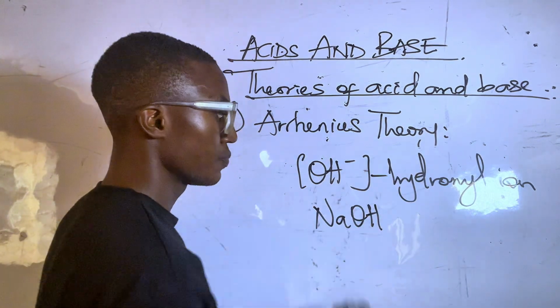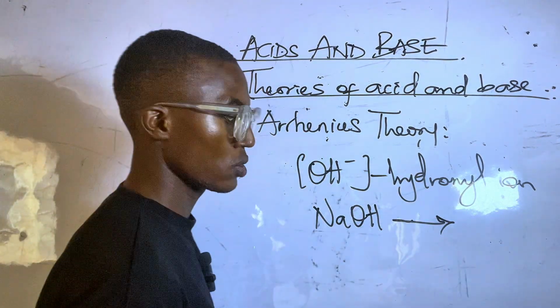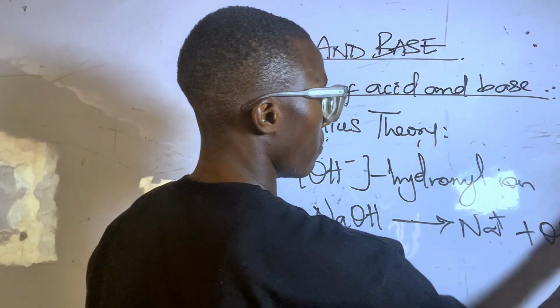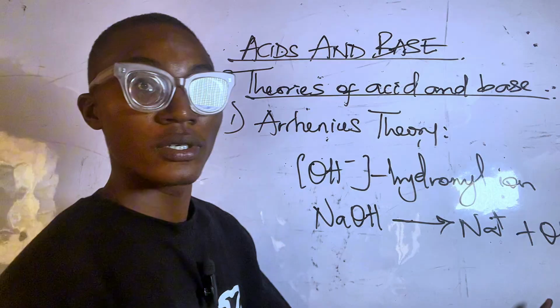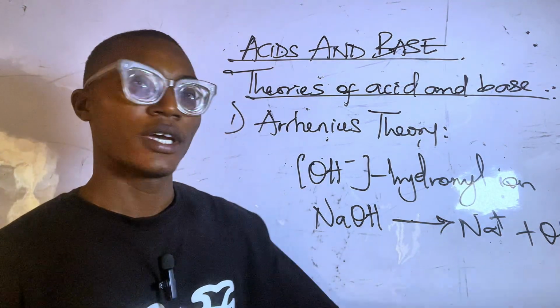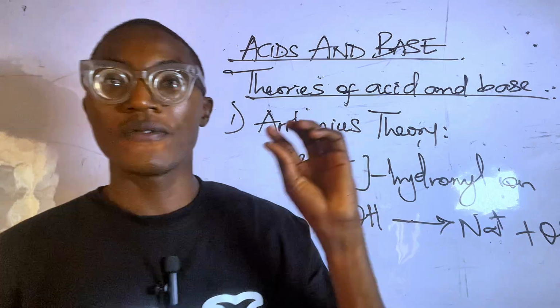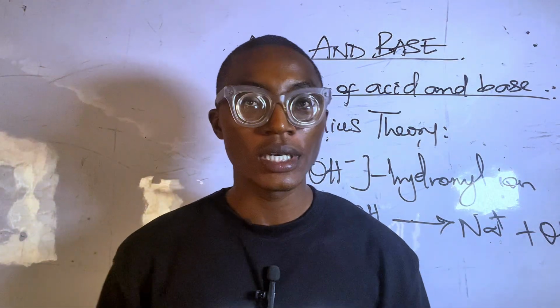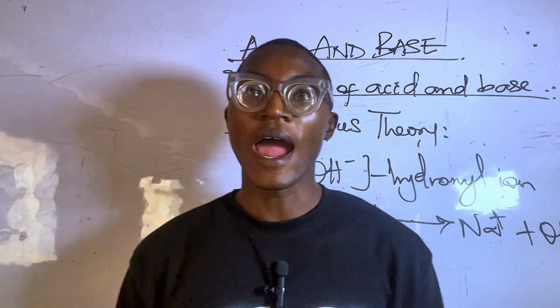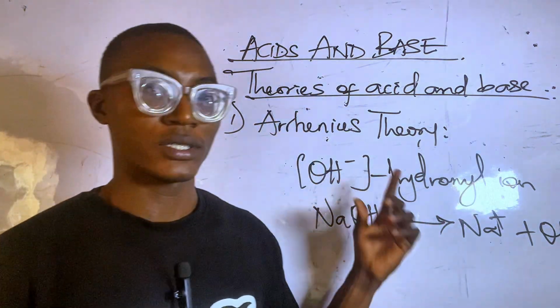Sodium hydroxide. When it undergoes dissociation, you have Na plus and OH minus. It produces hydroxide ion as the only negative ion. So that definition you are used to is simply the definition given by Arrhenius, according to Arrhenius theory.